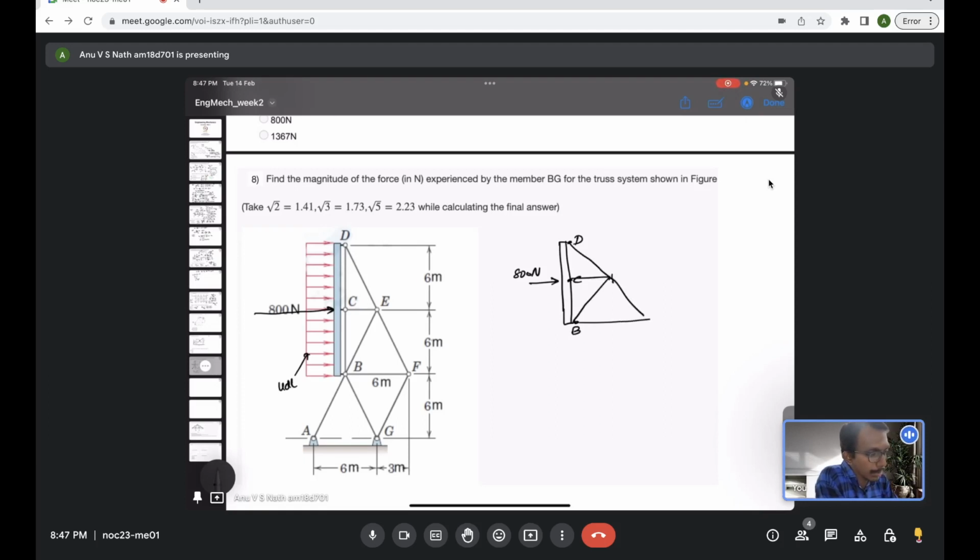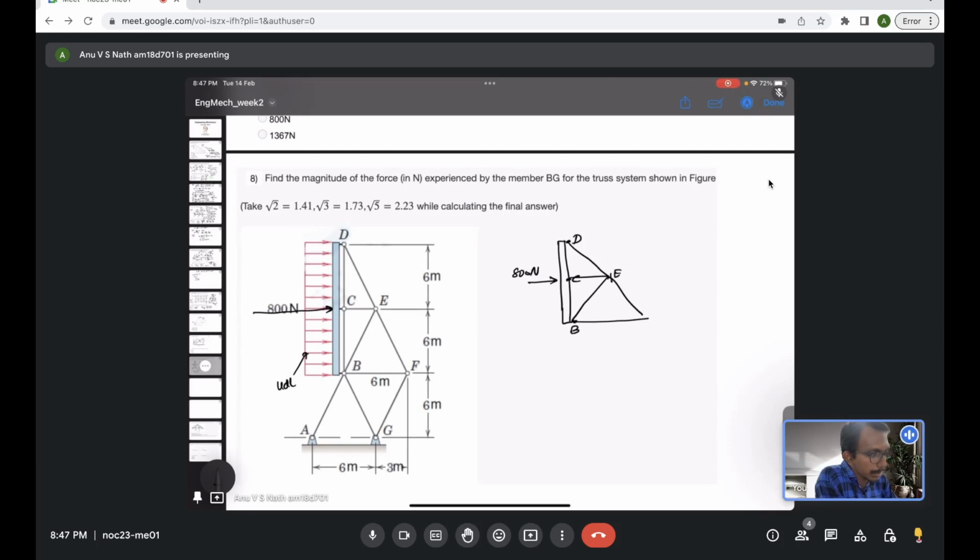Now if you see the triangle with members CED, members CD and ED will be zero force members, because at joint D there are two forces which can be acting, FCD and FDE, at some angle, but there is no external force acting, so they should individually go to 0. So they will be zero force members. That is not the matter.